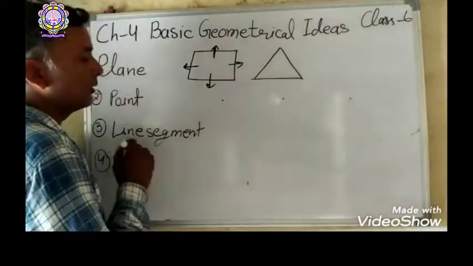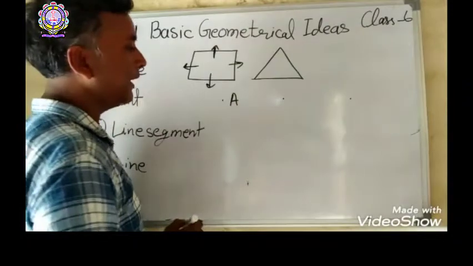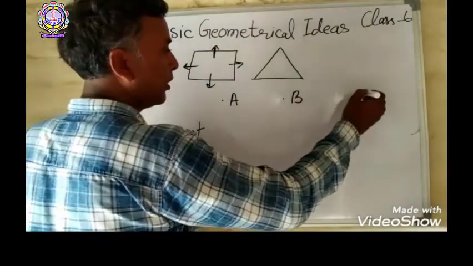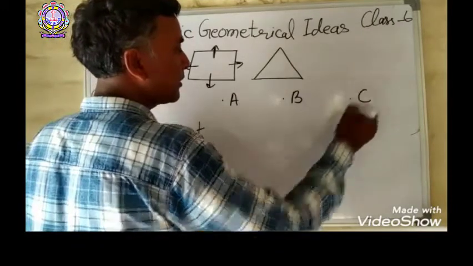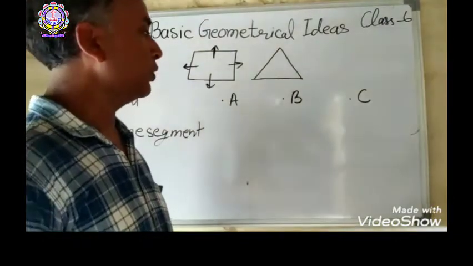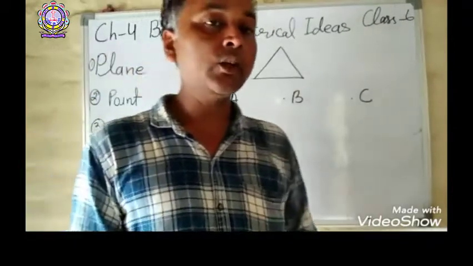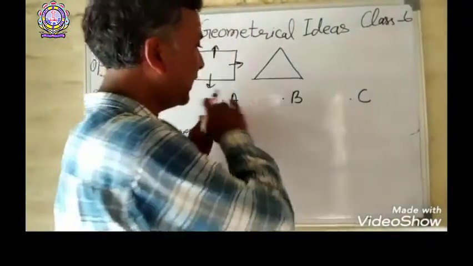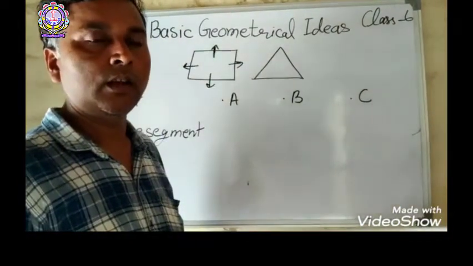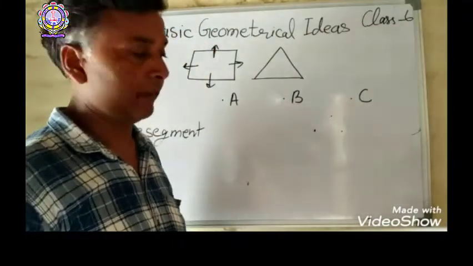And we represent them with a capital letter of the English alphabet: point A, point B, point C. And points we also arrange as collinear and non-collinear. When the points are in a straight line, then they are collinear. And like this, they are not collinear.